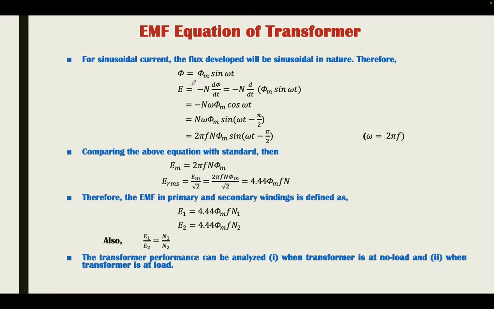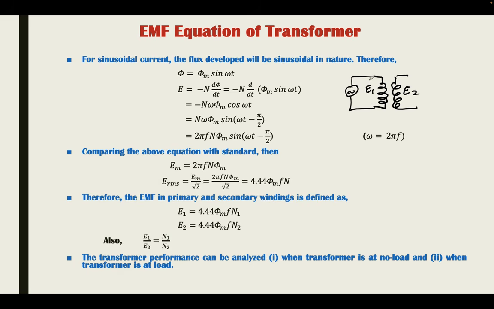Now, in case of a transformer, we know the input supply is AC, and when AC supply is connected across a transformer, the magnitude of the EMF developed in the winding can be calculated. This is E2 and this is E1.